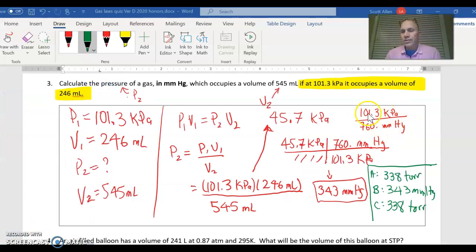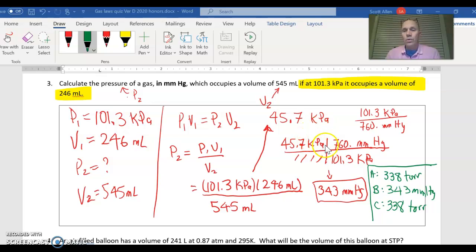That allows us to create this relationship: for every 101.3 kilopascals, that is the same as 760 millimeters of mercury. Then it's just like widgets and gizmos, where you're saying, how many millimeters of mercury are there in 45.7 kilopascals? That's exactly the same way that we've done all of our widgets and gizmos problems.